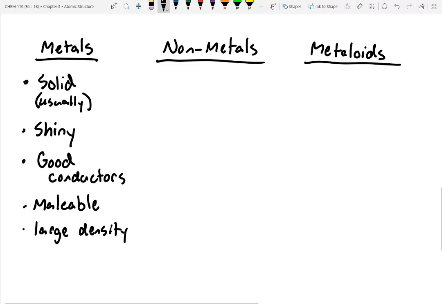All right, nonmetals are not always solid. You can think of gases, right? They're nonmetals. They're quite clearly not solids. They're not usually very dense.